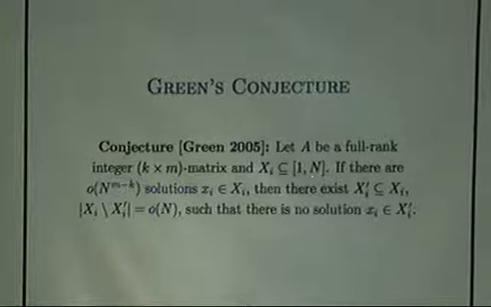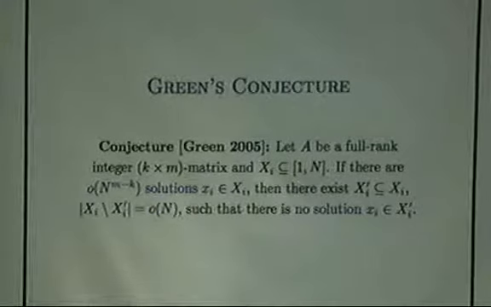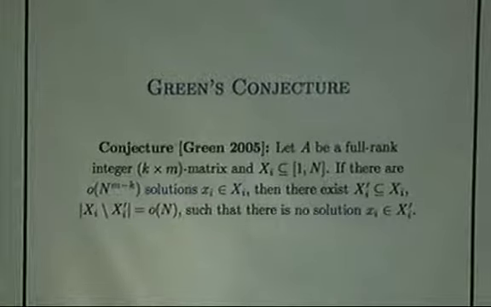We will only be allowed to assign integers between 1 and n. So the problem is we are interested in integral solutions for an integral system of linear equations. We have a matrix A that describes the system of equations, and for every one of the m variables we are given a subset of integers between 1 and n.